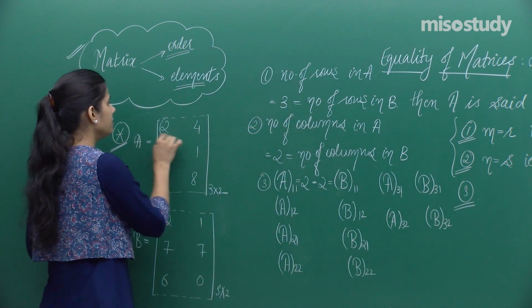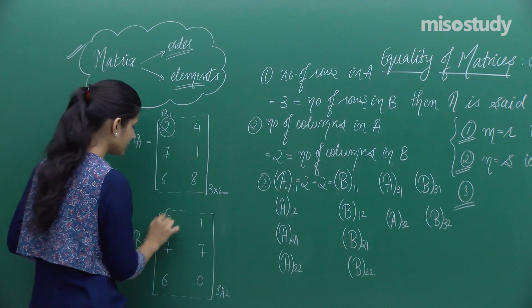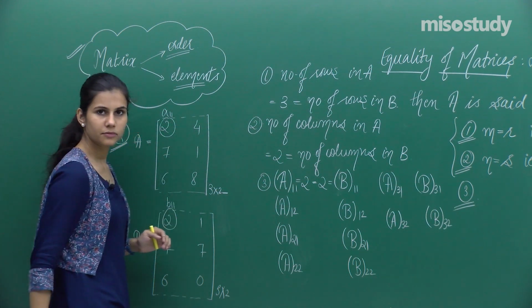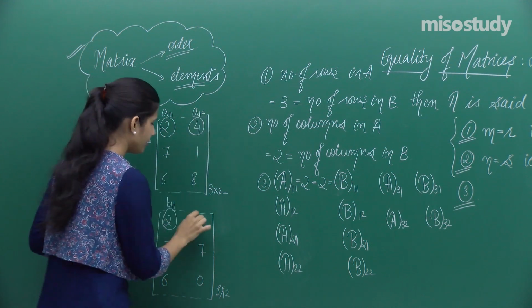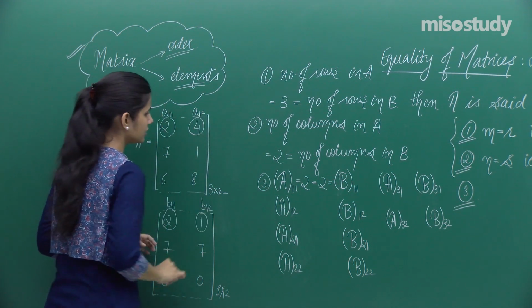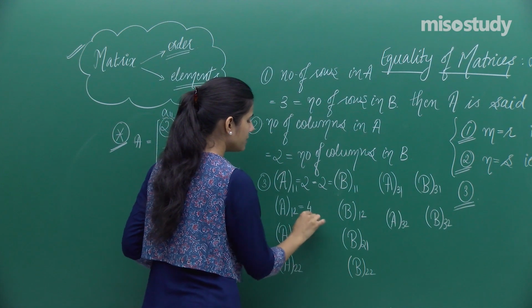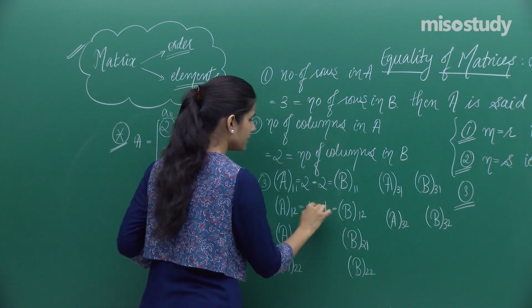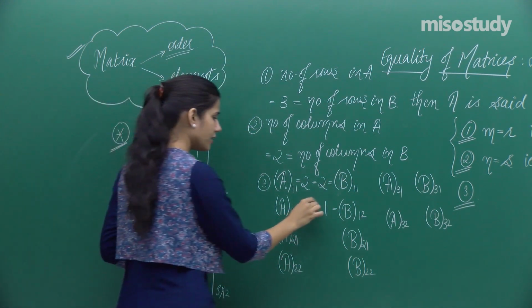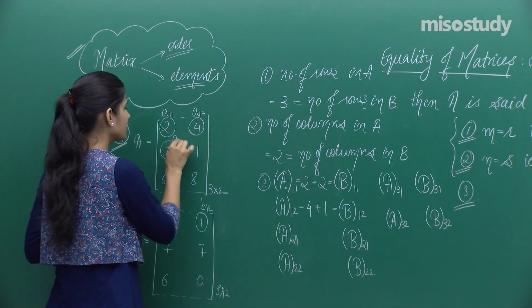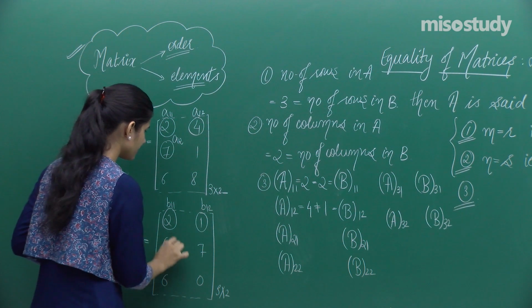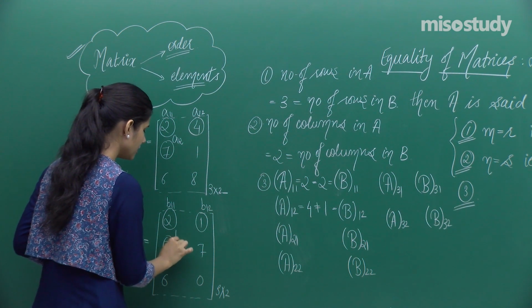This is A11, this is B11. Matrix A's 1/2th element is 4, matrix B's 1/2th element is 1, and they are unequal.